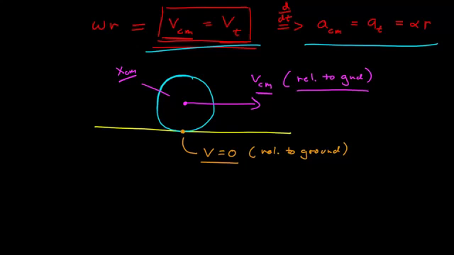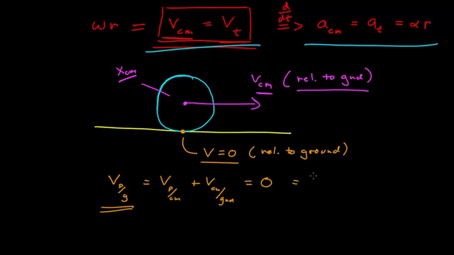We can look at it this way: the velocity of this point relative to the ground is equal to the velocity of that point relative to the center of mass plus the velocity of the center of mass relative to the ground. Well, this must equal 0 because the point has to be at rest relative to the ground.